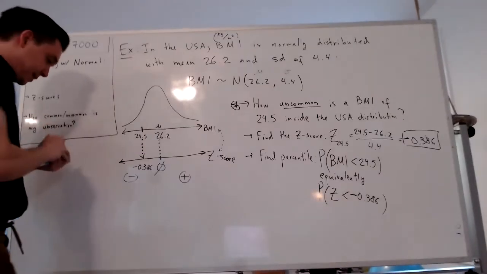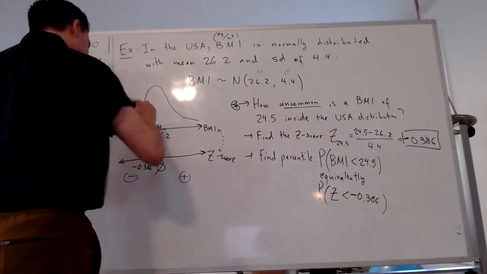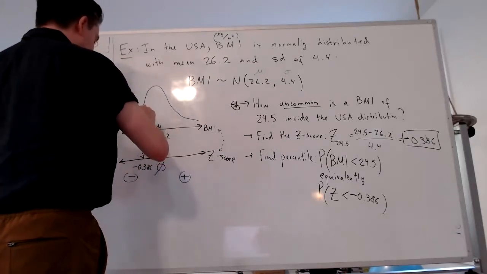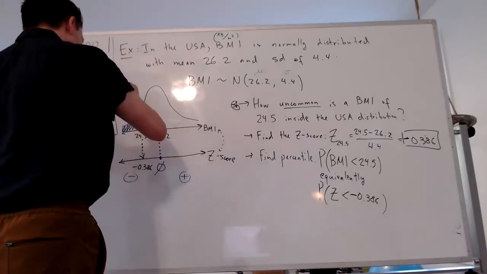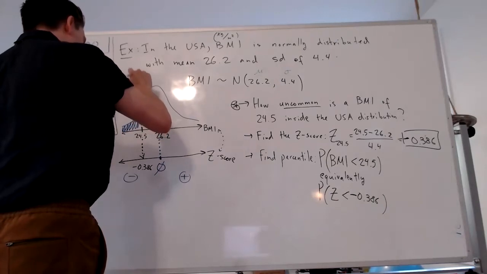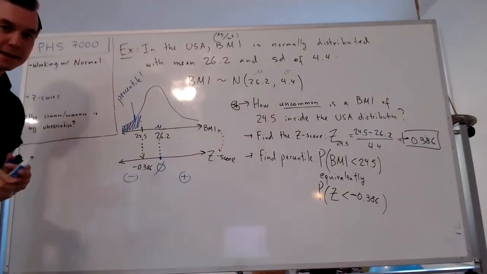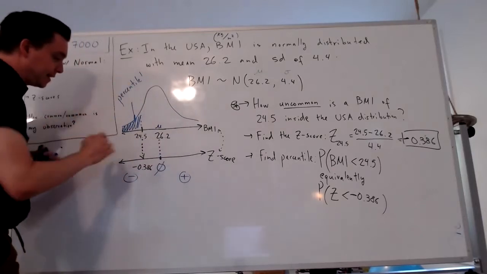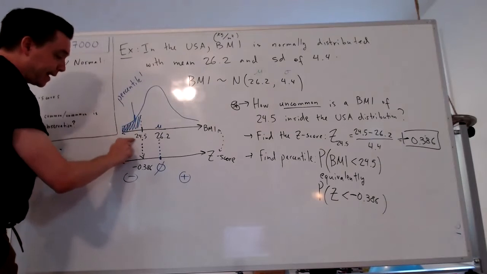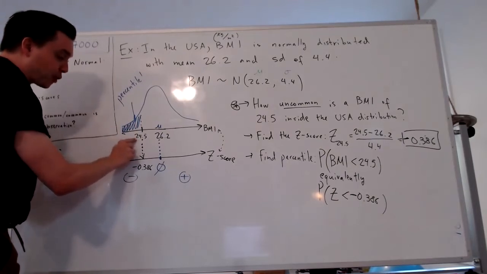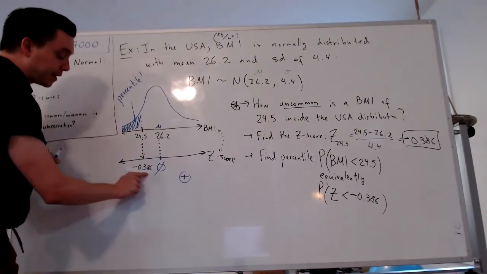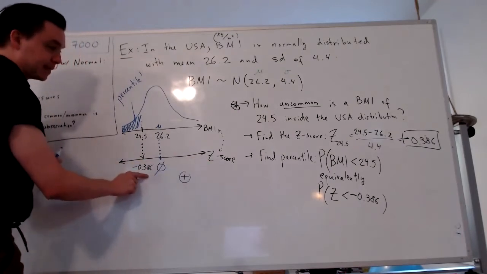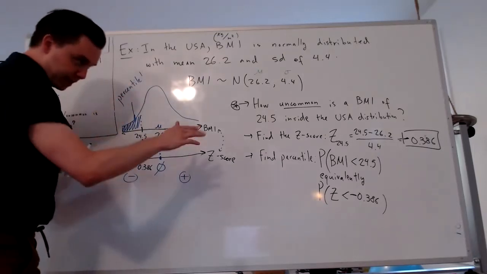All that means is I want to find the area under the curve right here. This is my percentile. And that percentile is the same, right? The shape of the curve, that percentile is the same whether we're looking at the area below a BMI of 24.5 or the area below a Z of negative 0.386. These are going to be equivalent.